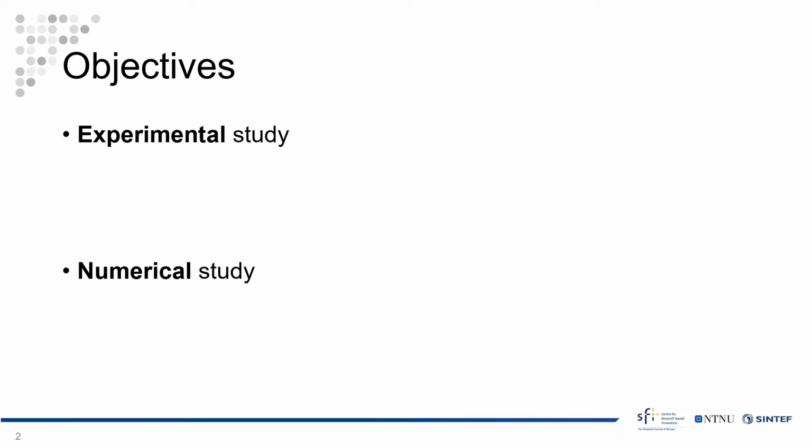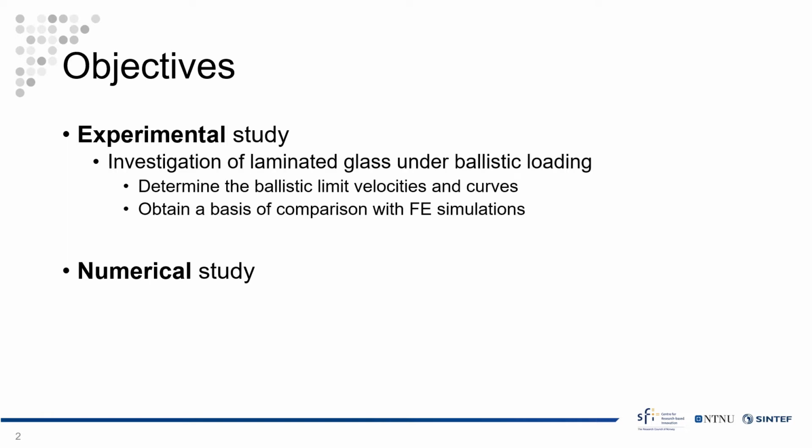The objective of this study has been divided into two parts, an experimental part and a numerical part. In the experimental part, we wish to investigate laminated glass under ballistic loading. The focus here was to determine the ballistic limit velocity and the ballistic limit curves.